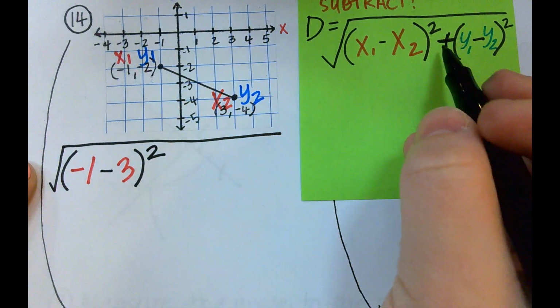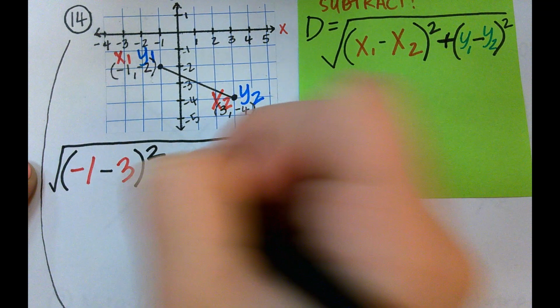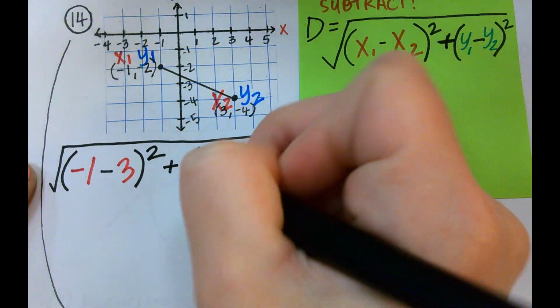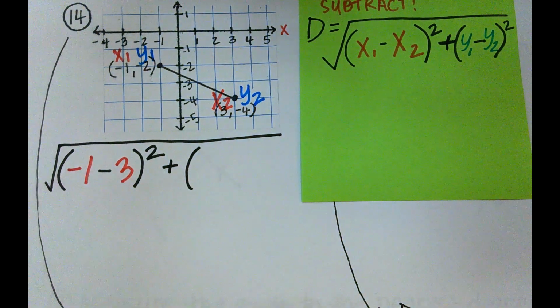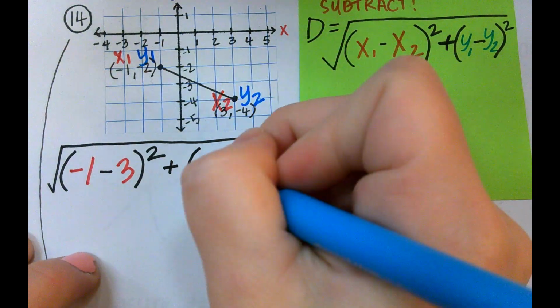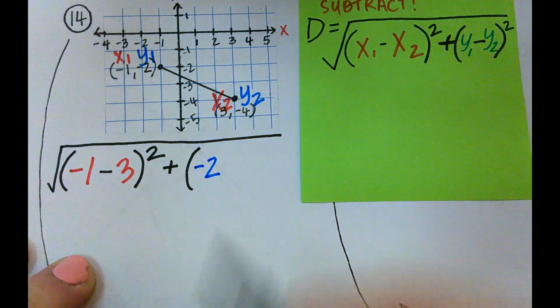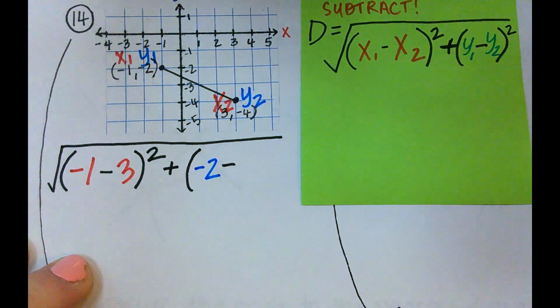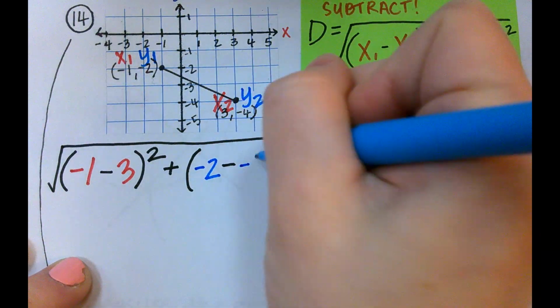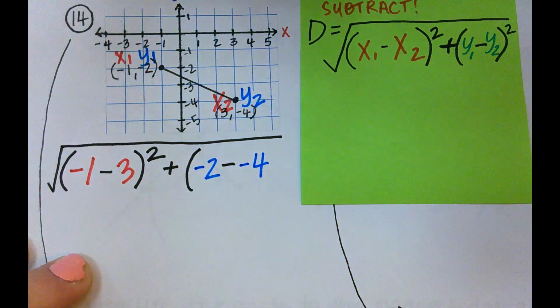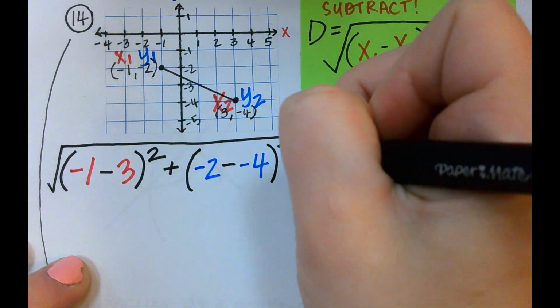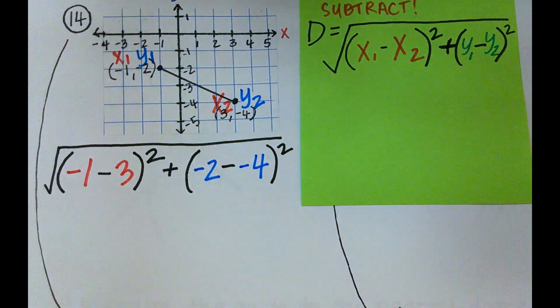Squared plus -2, yes, -2 is y1 minus -4, y2, squared as well. Good. Now, you might already notice something that's going to happen with the y's since we've got a minus negative.